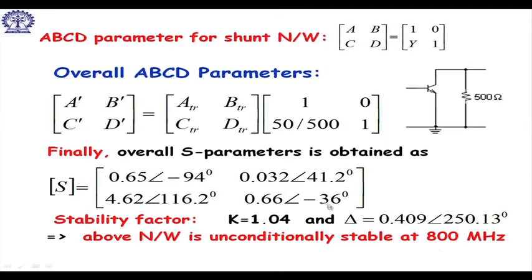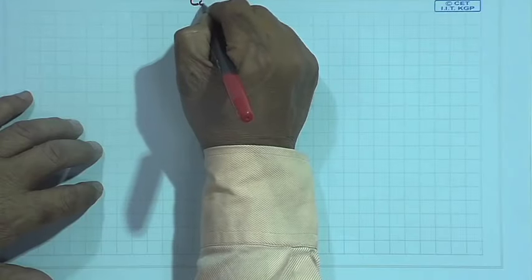So, this is the way by which, if I have a potentially unstable device, still with proper loading found from the Smith chart, I can make it stable. Okay. So, this is stability checking. After that we will see the conjugate matching.